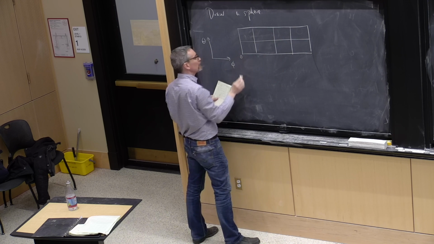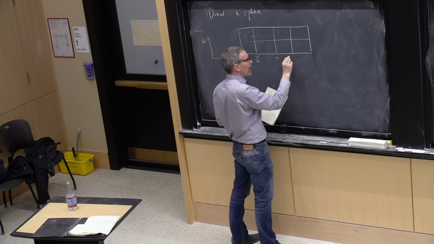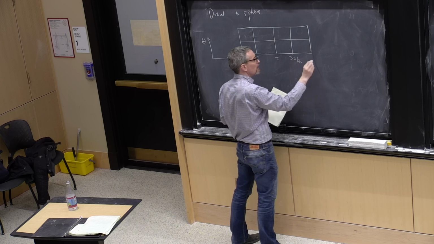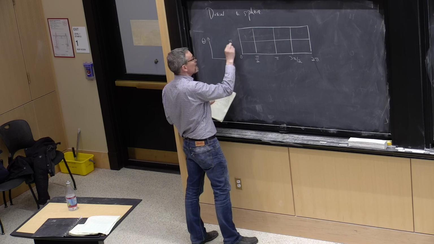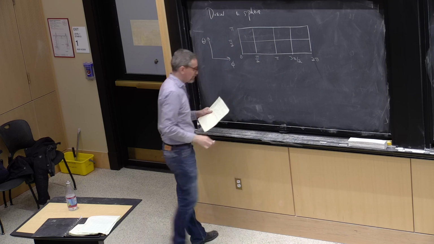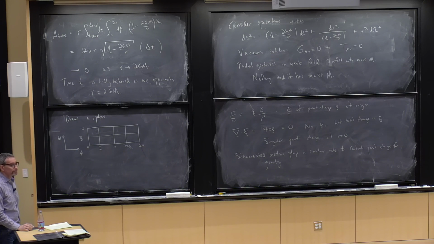Here is theta equals 0, phi equals 0. Here's phi equals pi over 2. Here's phi equals pi. Phi equals 3 pi over 2. Phi equals 2 pi. Theta equals pi over 2. Theta equals pi. There's my sphere.